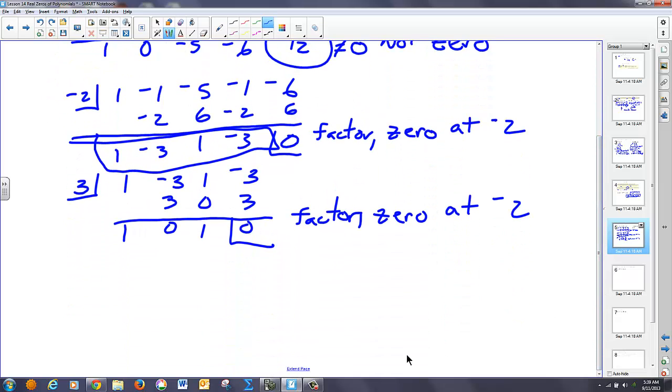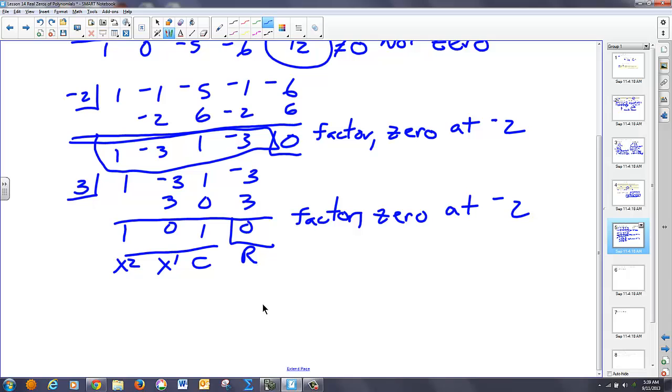Now, notice what I have left here. In this case, we said this was my remainder. What's left is the value of the division. And working backwards, this is a constant term. This is an x to the first term. This is an x to the second term.